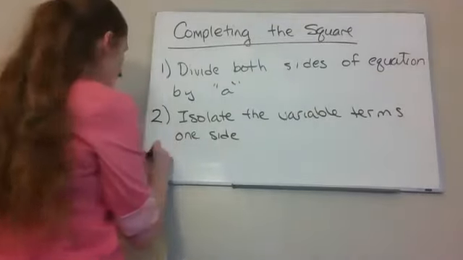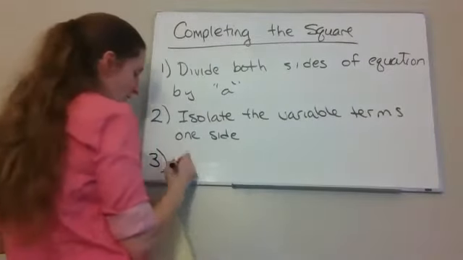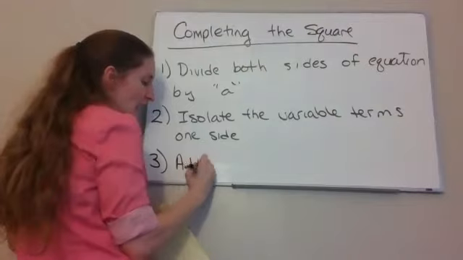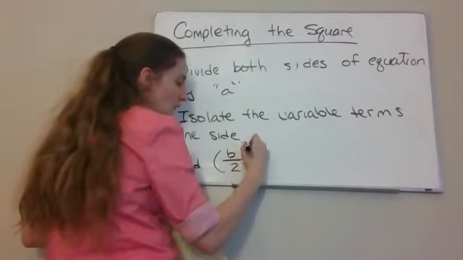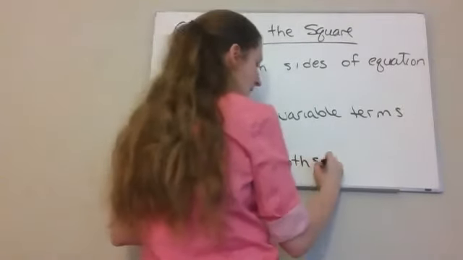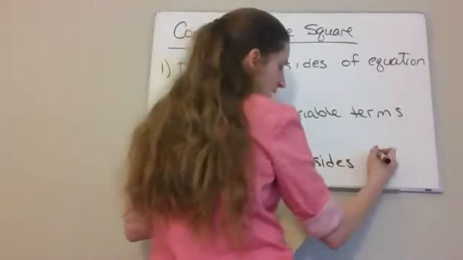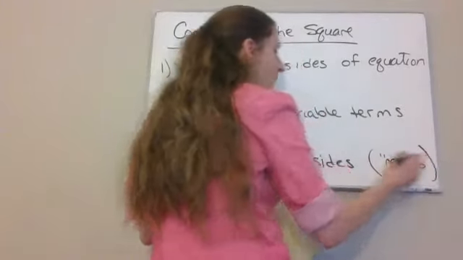Step 3 is the step that's actually called completing the square. You are going to add your b over 2 squared to both sides. And I'm just putting a note here.